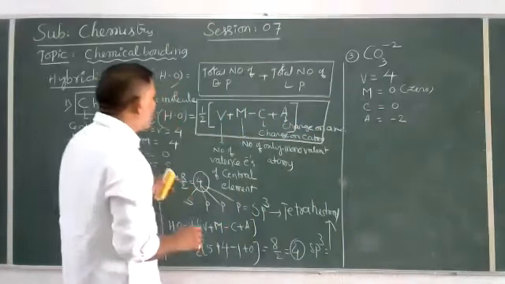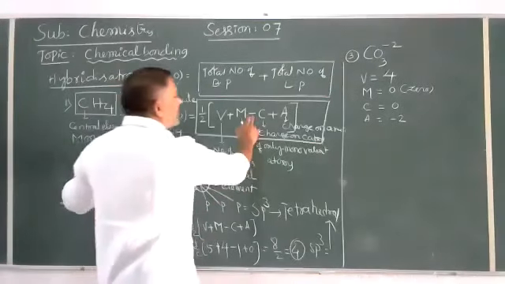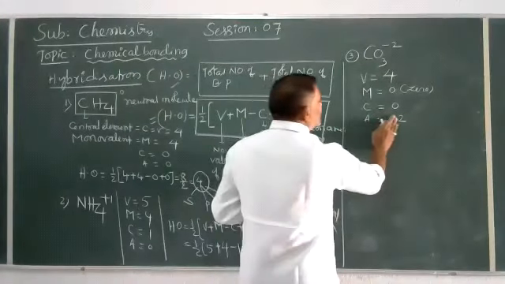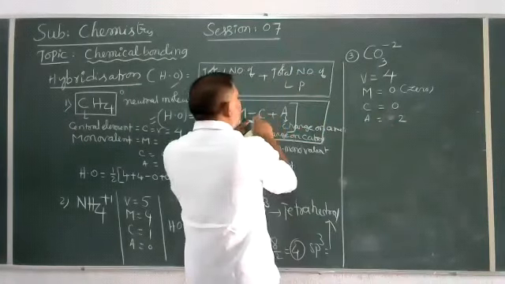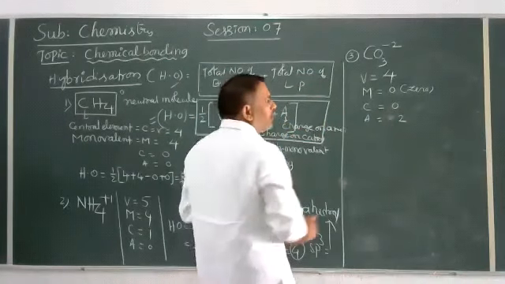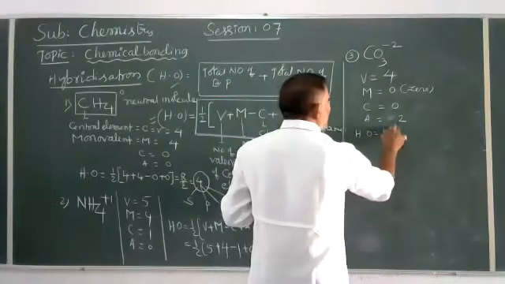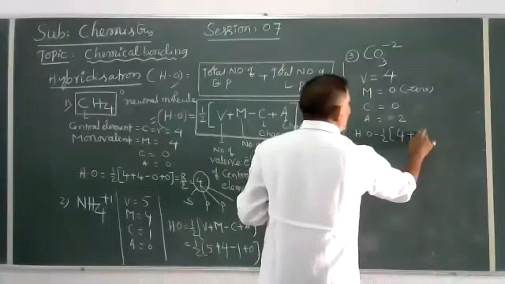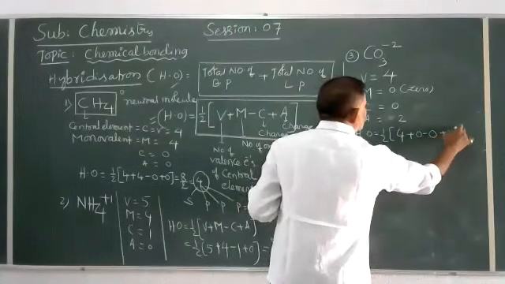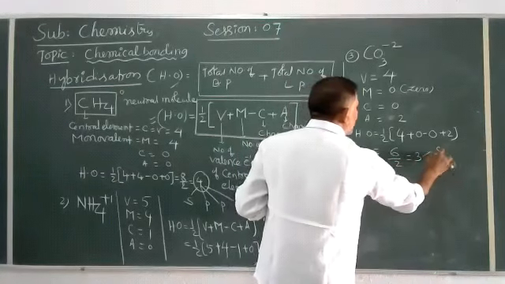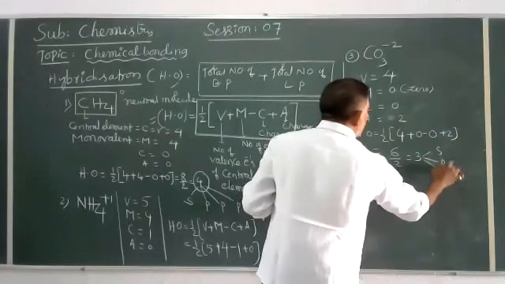In the formula, we only take the charge, 2, since the minus and plus are already in the formula. Now the hybrid orbitals equal 1/2 into (4 + 0 - 0 + 2), that is 6 by 2, that is 3, meaning one s and two p orbitals.